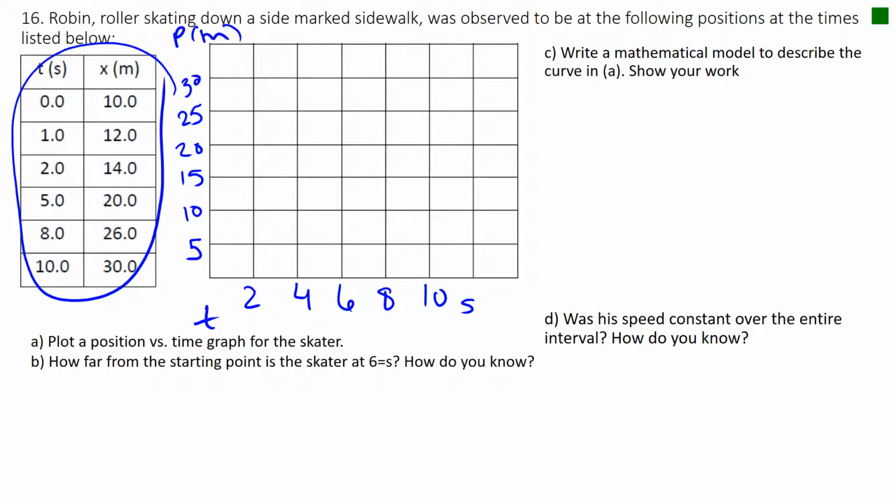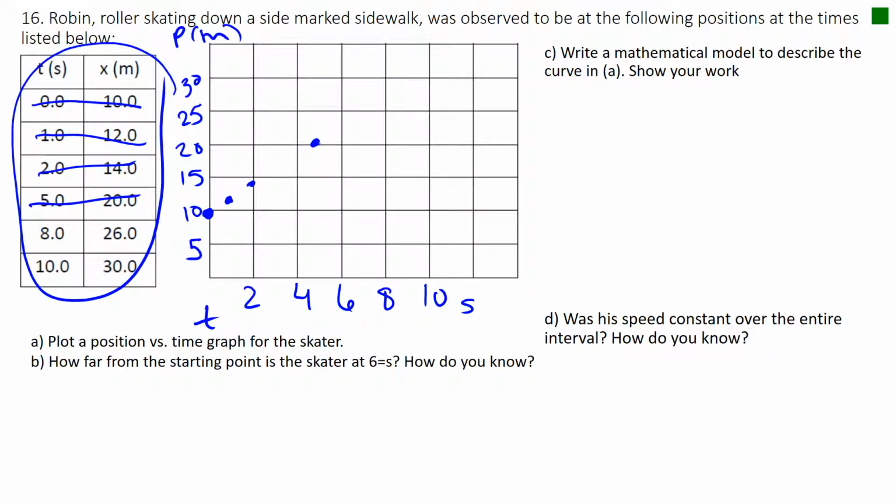So let's see. Time 0, first data point is 0 over 10. 0 and 10, that's done. 1 and 12 is right there, that's done. 2 and 14, that's done. Now we skip over to 5, and we go up to 20, so that's done.